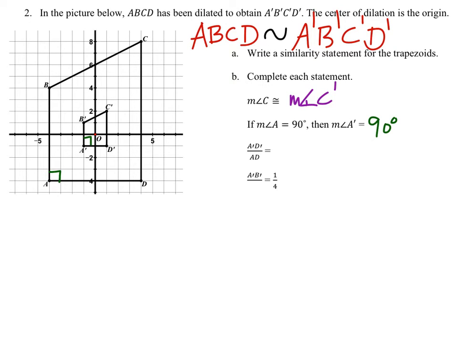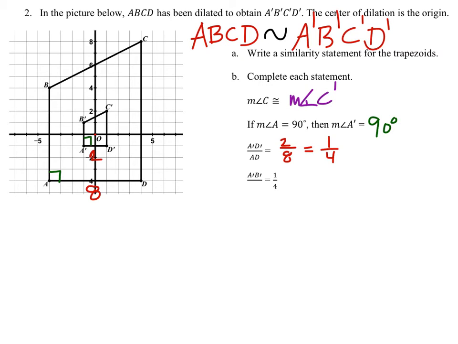Then we can compare AD, which is 8 units, to A prime D prime, which is 2 units. So A prime D prime, which is 2, divided by AD, which is 8, would simplify to 1/4. And that is the scale factor.